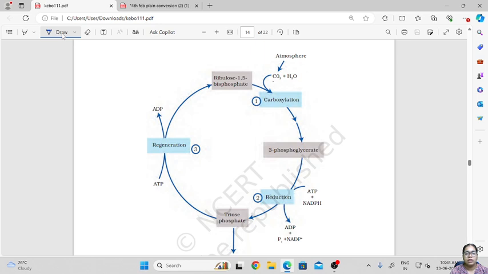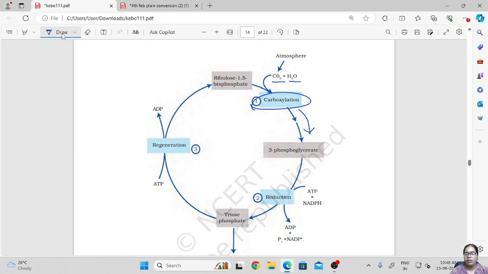So carbon dioxide plus water will form the carboxylation process, and from this what you will get is 3-phosphoglycerate. This 3-phosphoglycerate will undergo reduction, and from ATP and NADPH it will form ADP plus NADP.